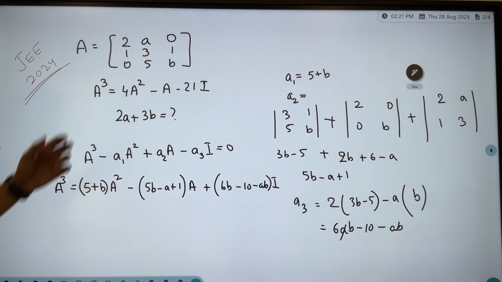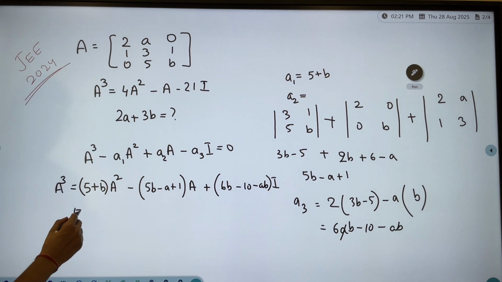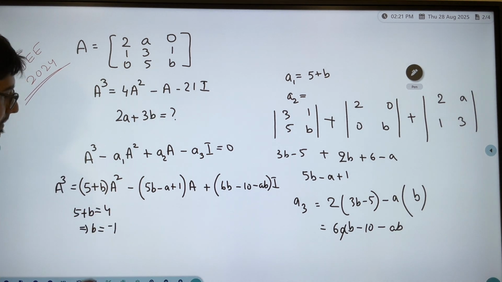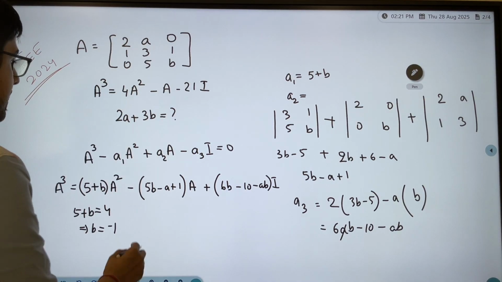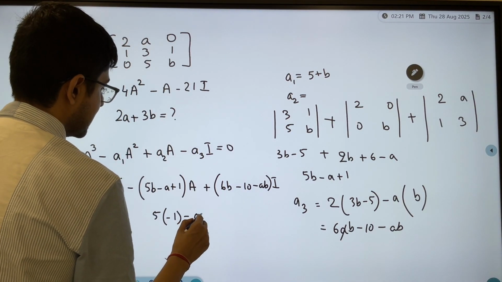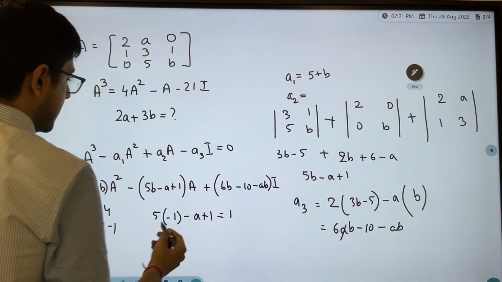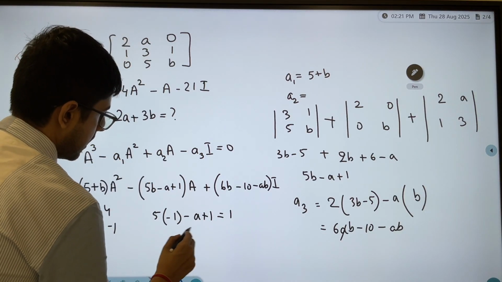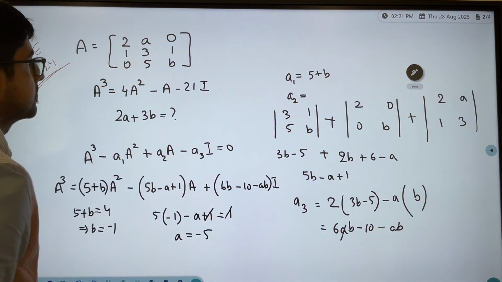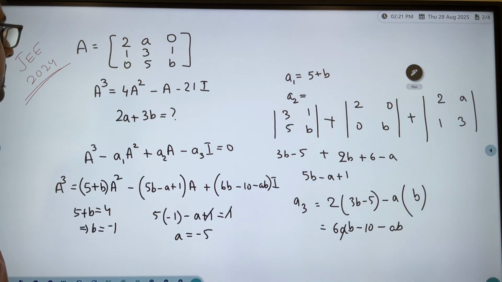And if I compare this with the given equation, I can say 5 plus B is 4, that will give you B is minus 1, and 5 into minus 1 minus A plus 1 is 1, so the 1s cancel. A is equal to minus 5, and let's verify whether the 21 holds true or not.